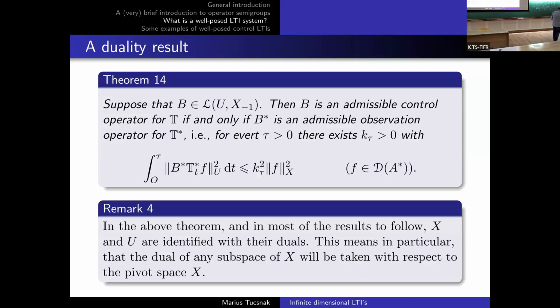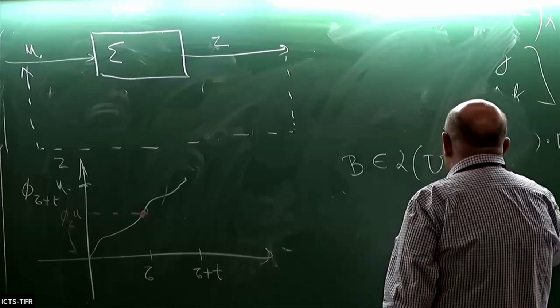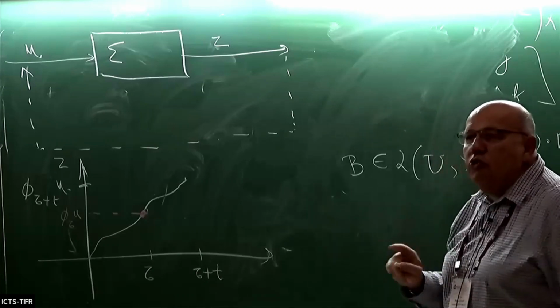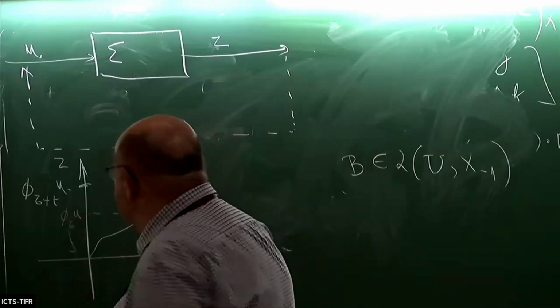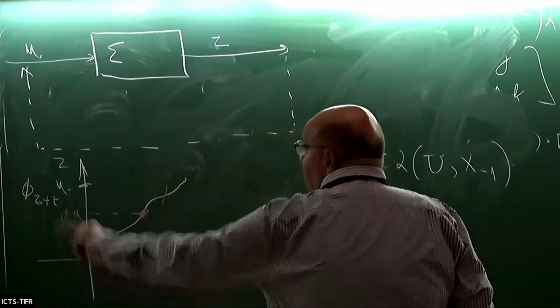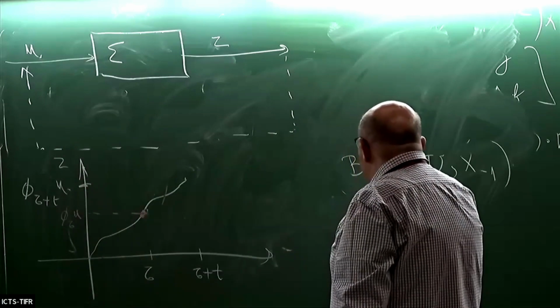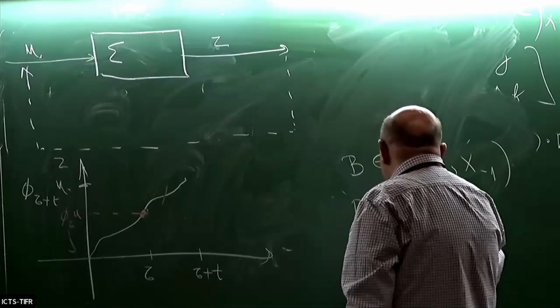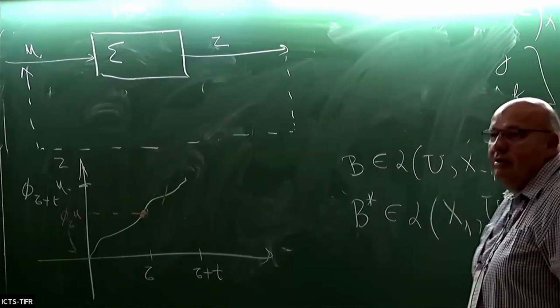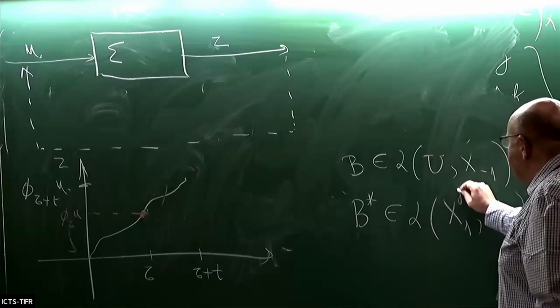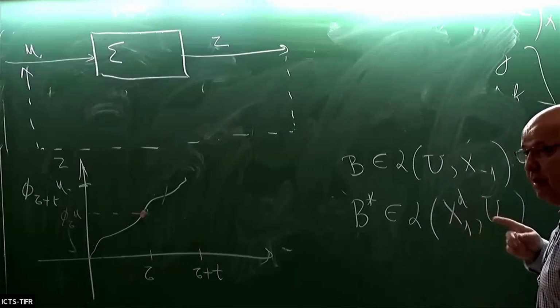So I have a priori, for instance, B goes from U to X minus 1, which, let me remind, is the dual of X1, the domain of A star, with respect to the pivot space X. So what I wrote here on the slide was that B star is from X1, that is D of A star, to U. What does this mean?